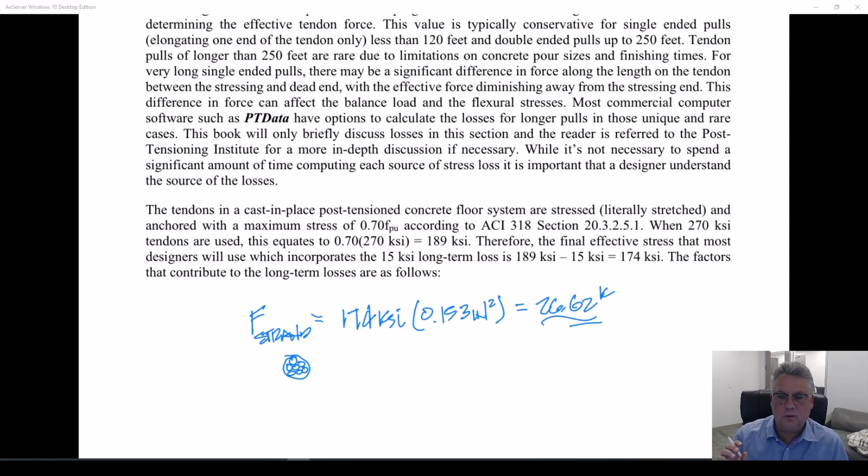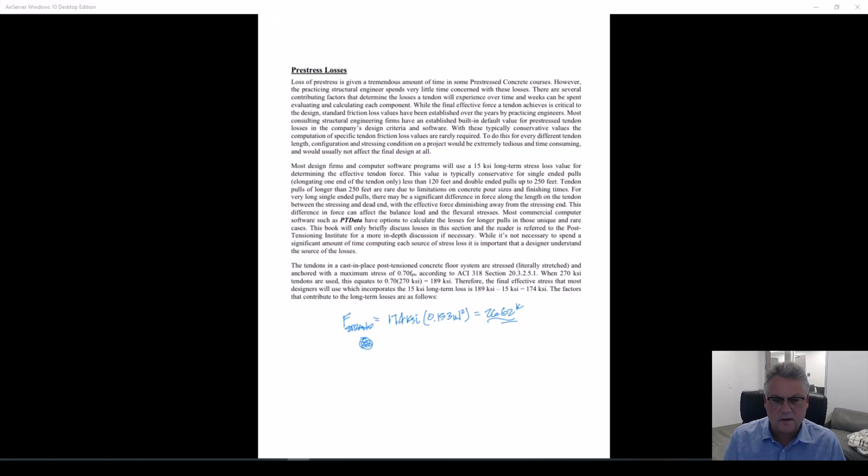Remember, I told you that we're always using 1/2 inch diameter strand. There are cases where we use 0.6, some bridges use some larger, but in building construction, virtually everybody in every situation is using a 1/2 inch diameter strand. So if we're all using a 1/2 inch diameter strand and we're all assuming a 15 KSI loss, and we all stress to 189 KSI, which is what we all do, at an anchor, we're all working with 26.62 plus or minus kips per strand every time.